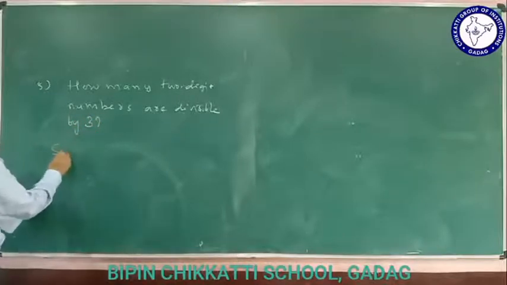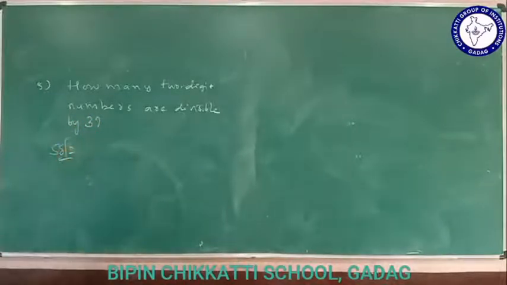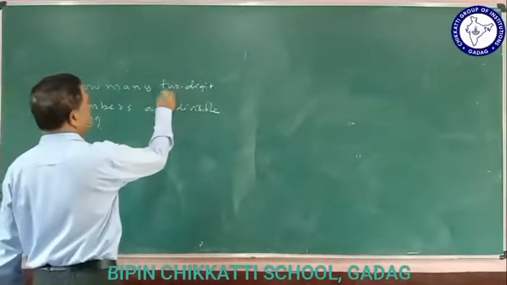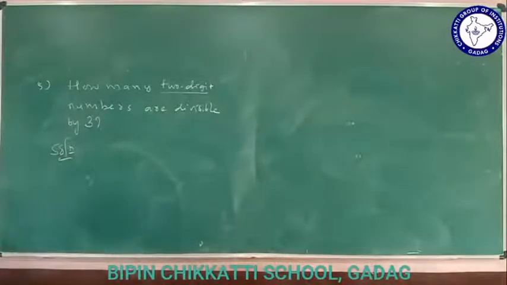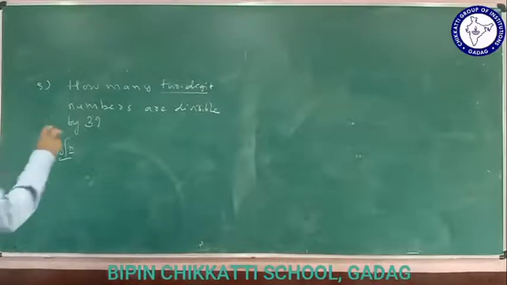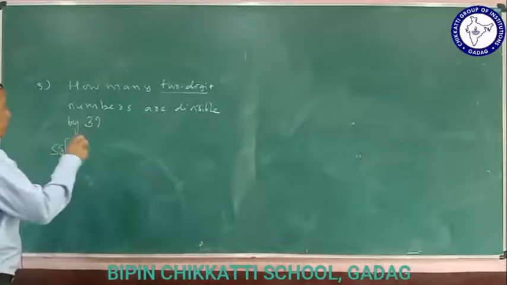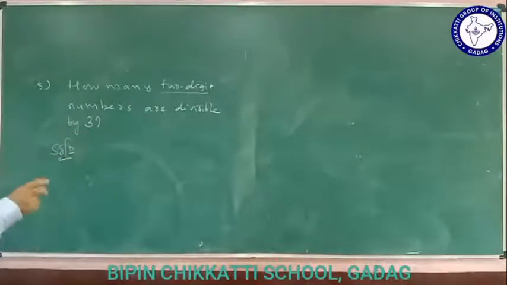A very peculiar question. Here you have to take only two-digit numbers. First of all, you have to think about the numbers which are divisible by 3. You have to write the two-digit numbers which are divisible by 3, not all, only a few.